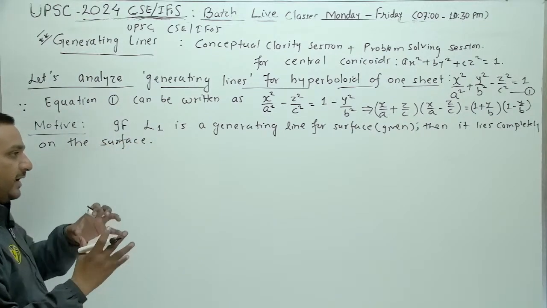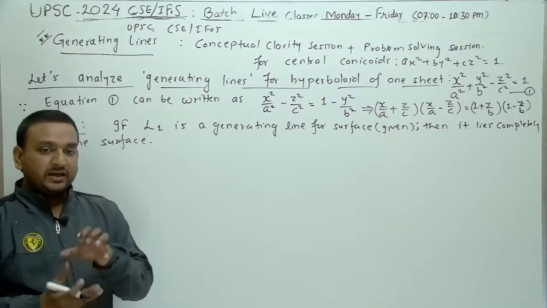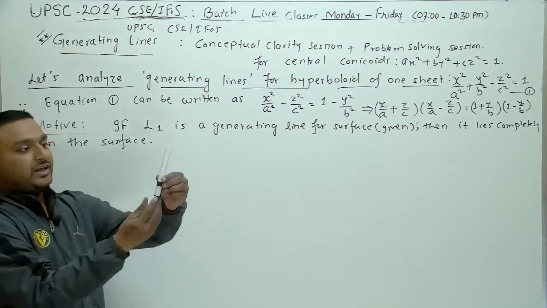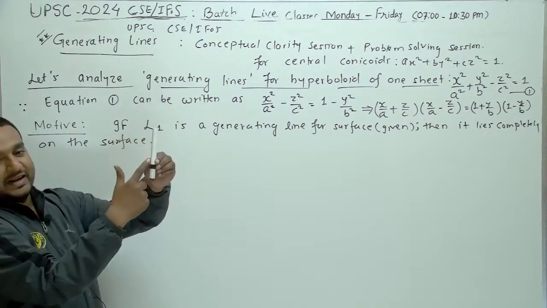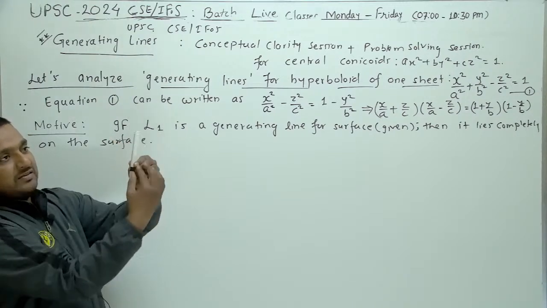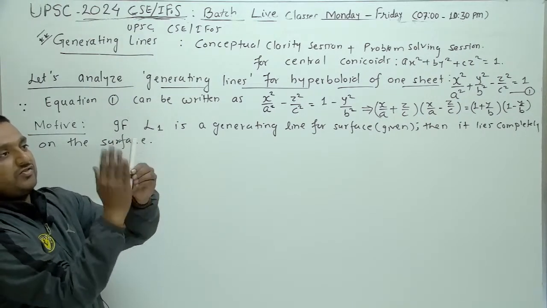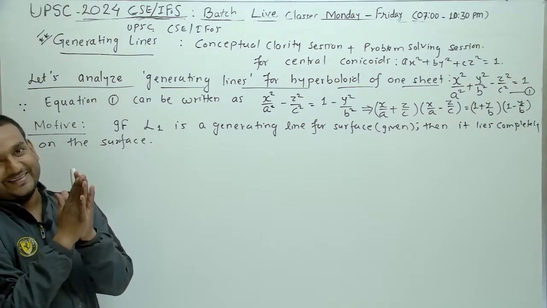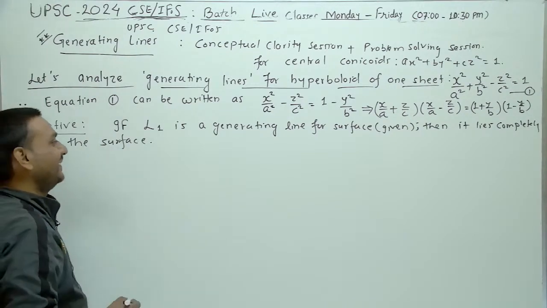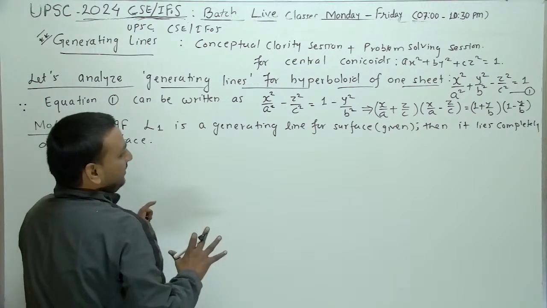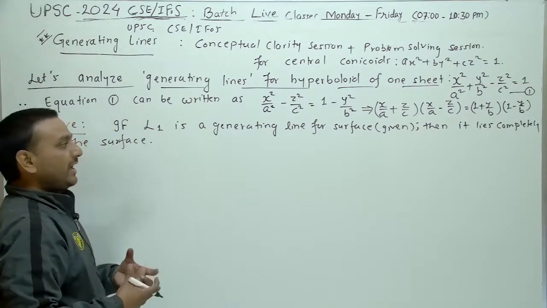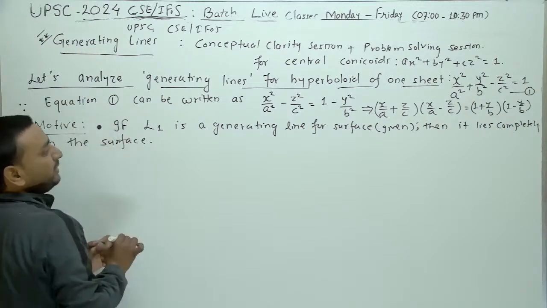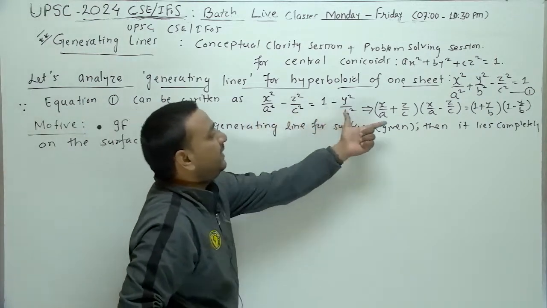If you are saying L1 is a generating line, then that line lies completely on the surface. If you talk about this generating line, and this generating line, all those generating lines must lie on the cylinder itself. Am I clear? So if L1 is a generating line for a surface, then it lies completely on that. Keeping this motive in my mind, I have designed this equation.